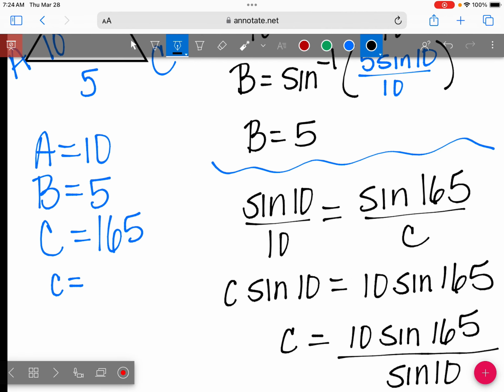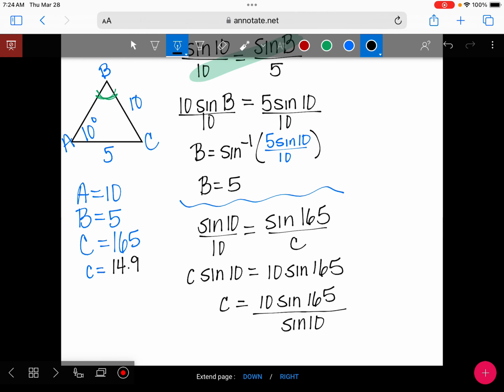Okay, so I got 14.9. Okay, so now we have solved our triangle.